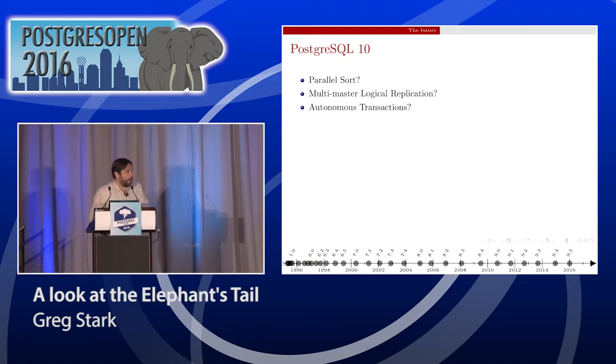But what's already being discussed now for 10.0 is mind-boggling. Being able to do parallel sorting with multiple backends to speed up large data warehousing sorts, and multi-master logical replication. The future, the problems don't end. There will always be things to do, but there are so many interesting problems, and users will keep coming up with new things that we need to solve.